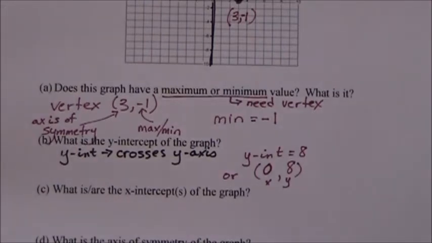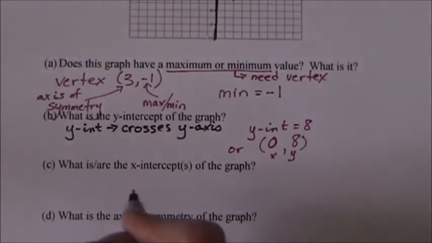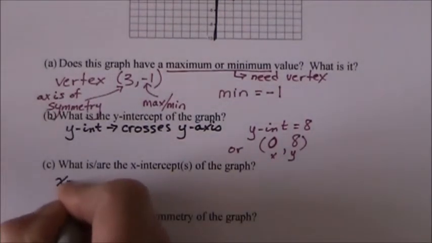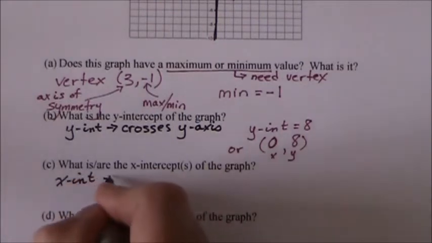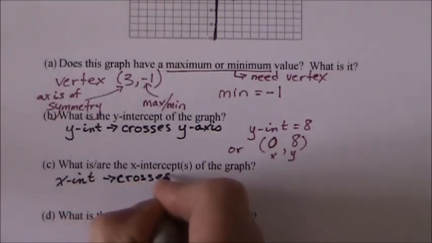Next question. What is the x-intercept, or intercepts of the graph? Well, x-intercept is where the graph crosses the x-axis.